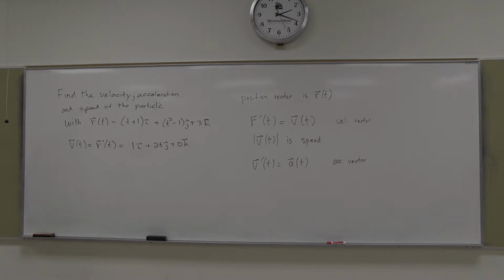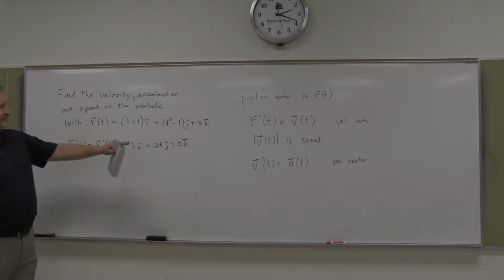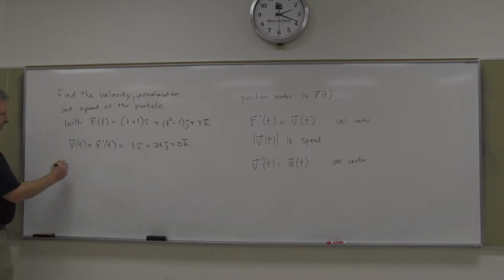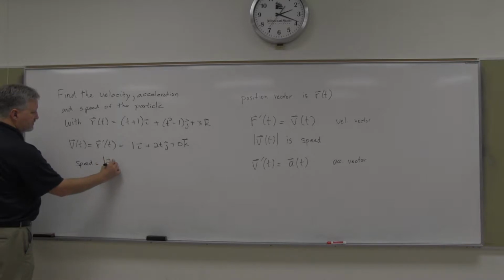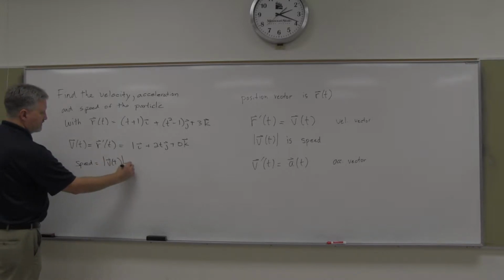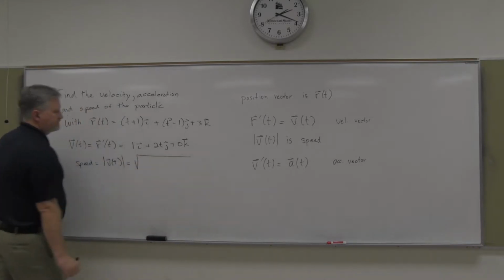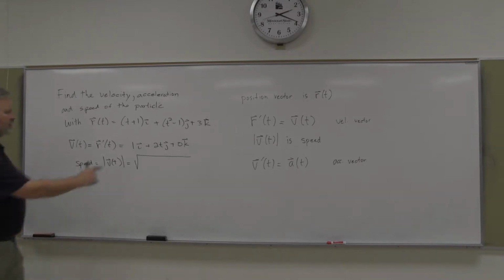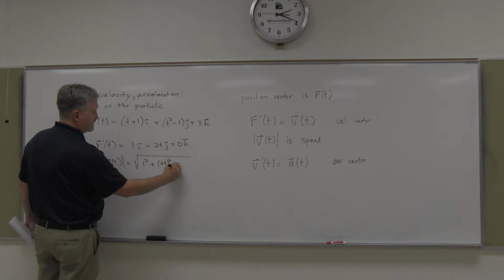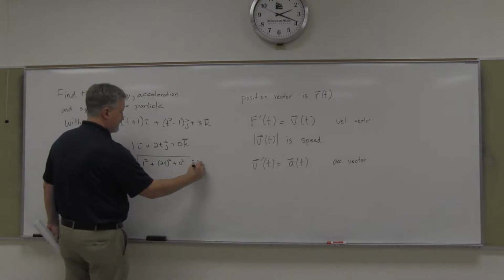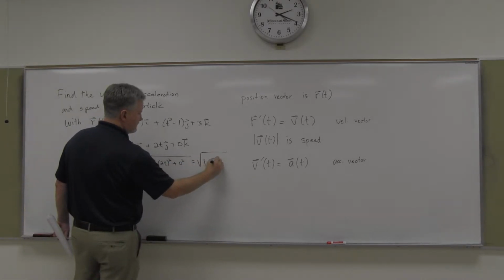That's it. I guess we go in order then. What would be the speed here? Well, the speed is just the magnitude of the velocity vector. And so that would be 1 squared plus (2t) squared plus 0 squared. That's 0, but we get the square root of 1 + 4t².